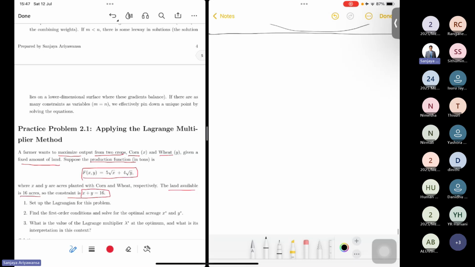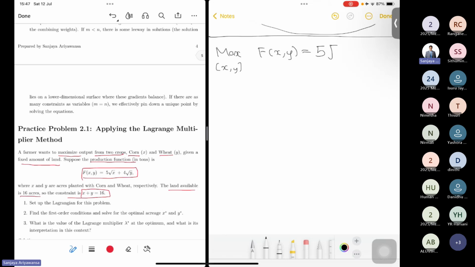So first we set up the Lagrangian. We are asked to maximize the output of the two crops X and Y, given by the production function f(x,y) = 5 root x + 4 root y, subject to the land constraint x + y = 16.